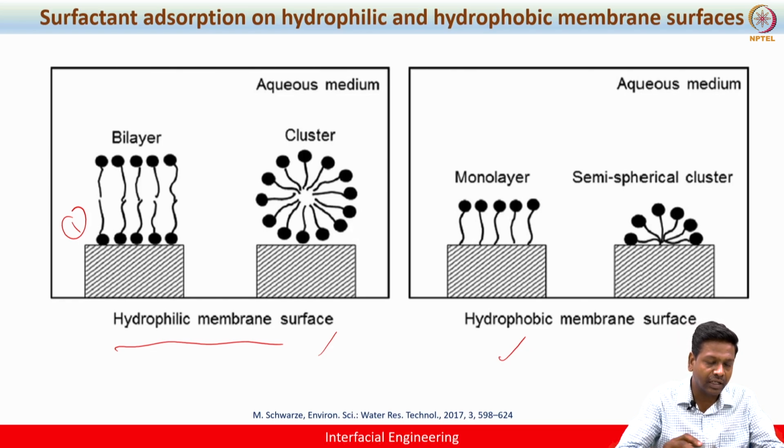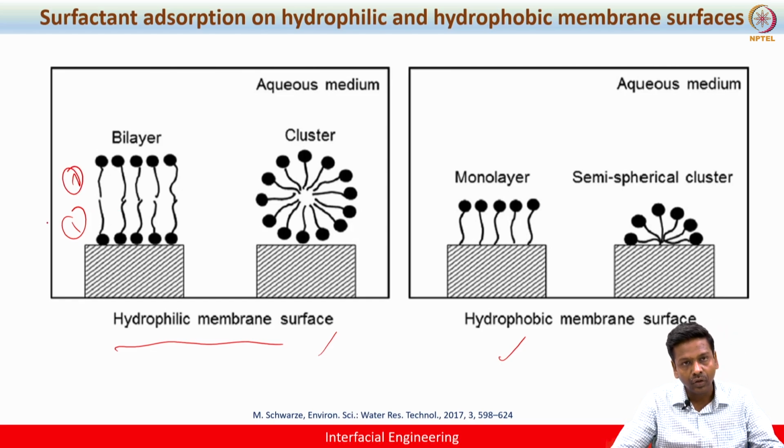As soon as the monolayer forms, because the tail is hydrophobic in nature, it can attract another layer of surfactant through hydrophobic interaction between two tail groups. In this way, you can expect a bilayer formation on the membrane, but there will be no further growth because between the head groups there will be electrostatic repulsion.